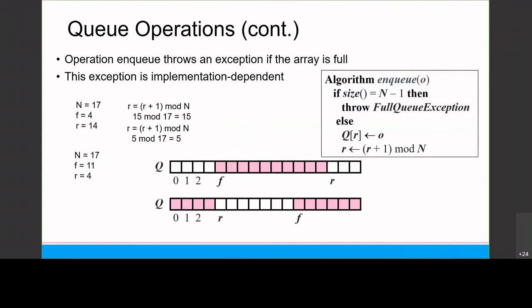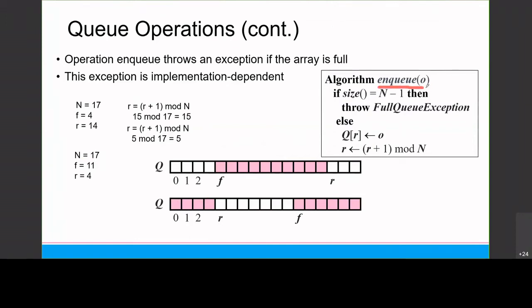So if you want to check when the operation enqueue throws an exception, where the array is full, we need to find the new R. What is the new R? Okay. So here is the algorithm.